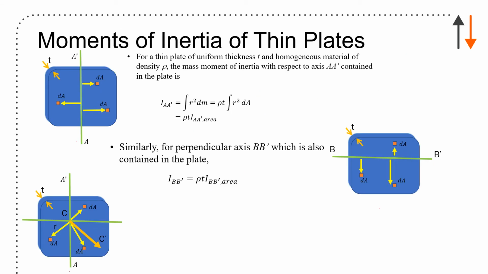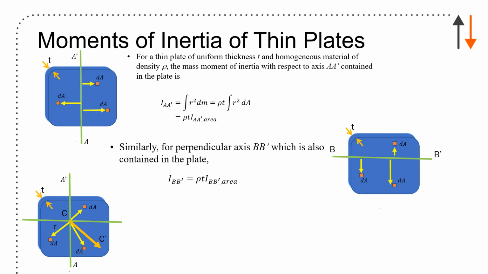When you have thin plates, which is a common case here, we can have a number of different axes that we look at. And in that case, for a thin plate of uniform thickness, which is t, and homogeneous material density, which is rho, the mass moment of inertia with respect to that axis, which is here defined as AA prime, is going to be the integral of r squared dm.